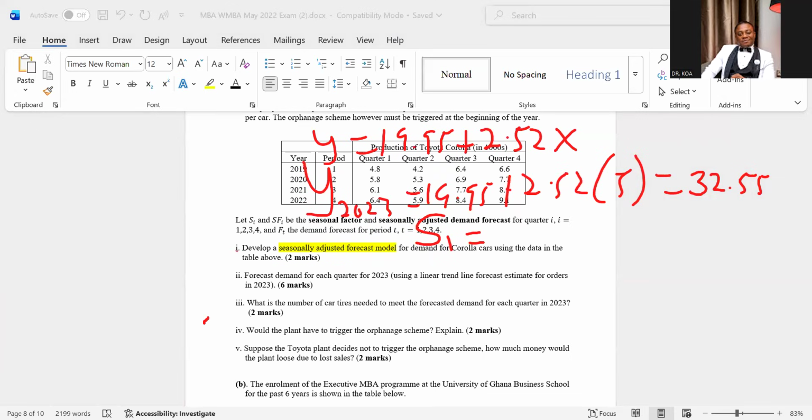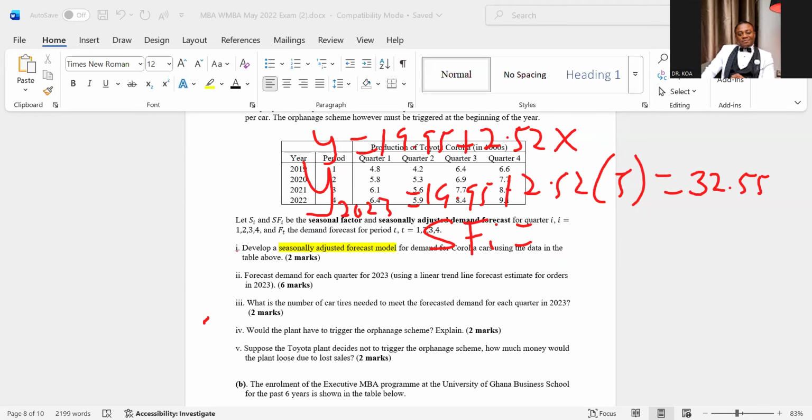So you have to take the seasonal factor. I'll give you the formula. Forecast demand for each quarter, I think it's like this: SF_I equal to, what was the name? You guys remember how I wrote it?